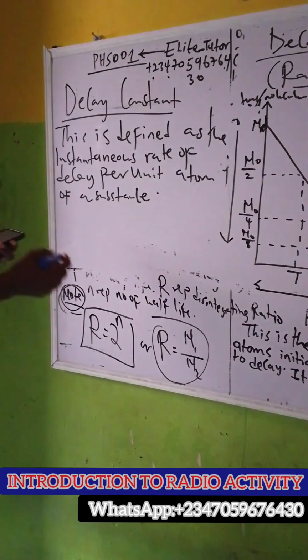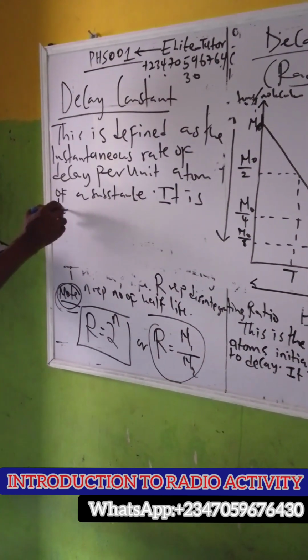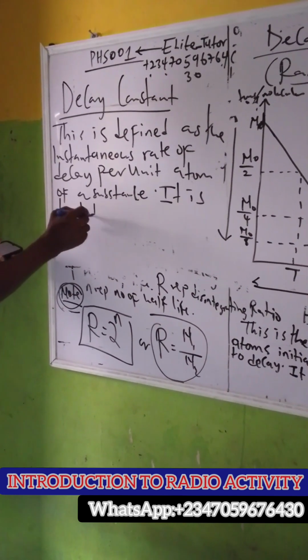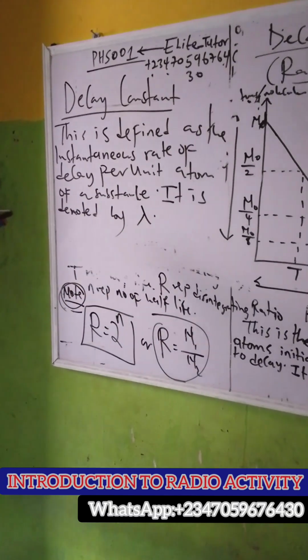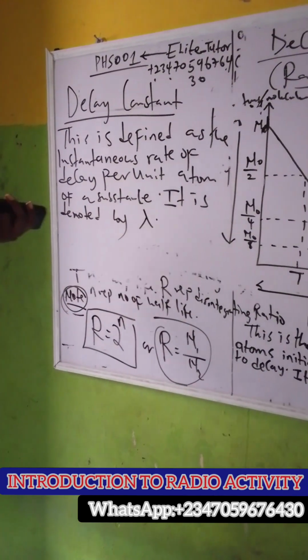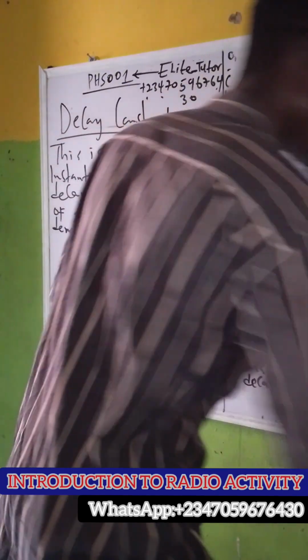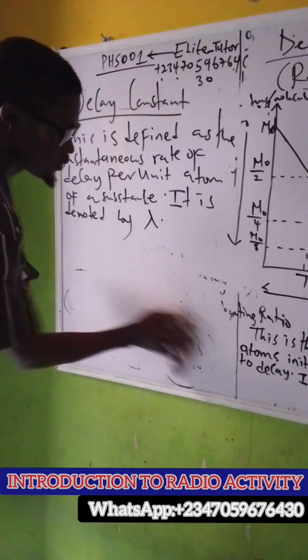It is denoted by lambda. Alright, it is denoted by what? By lambda. That's the symbol. So I'll be giving us the formulas.